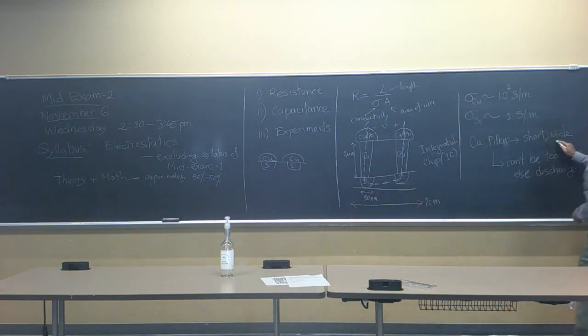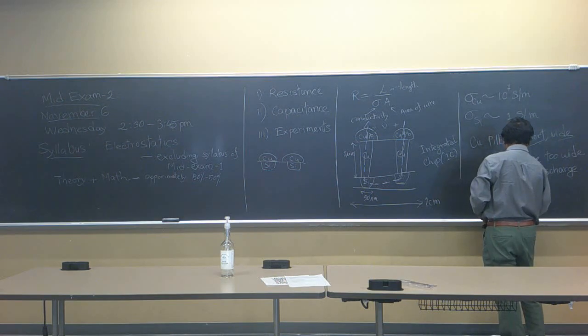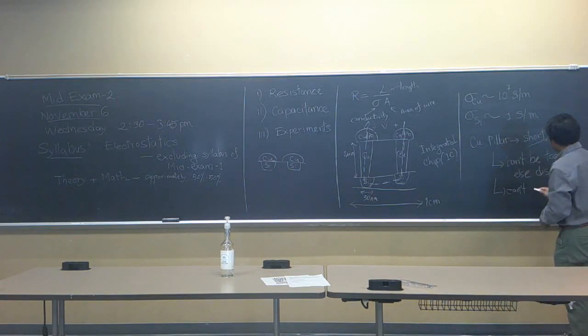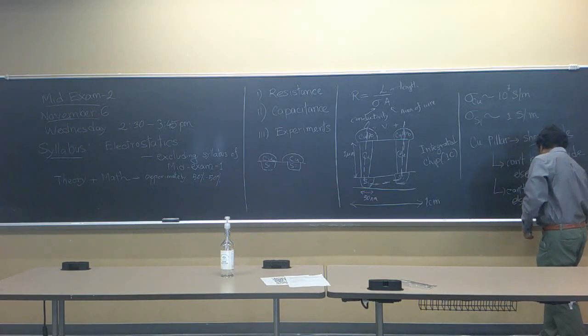So you understood why it has to be wide and why it has to be short, but it cannot be too wide because then it will discharge, and it cannot be too short because then your copper pad has to be very short to match size. Cannot be too short, else size will mismatch.